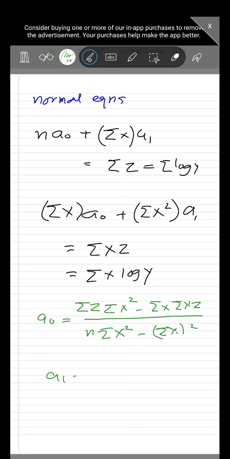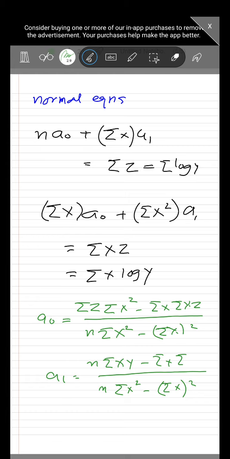And for a1 you get the denominator remains the same, n summation x square minus summation x whole square, and the numerator changes, it is now n into summation x z minus summation x into summation z.